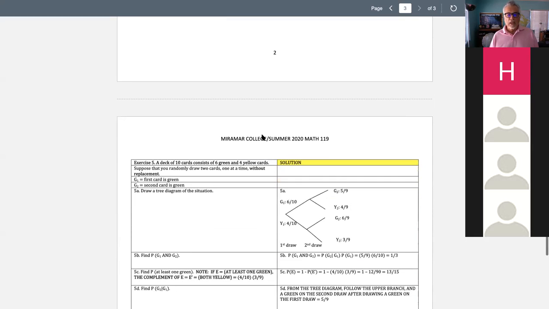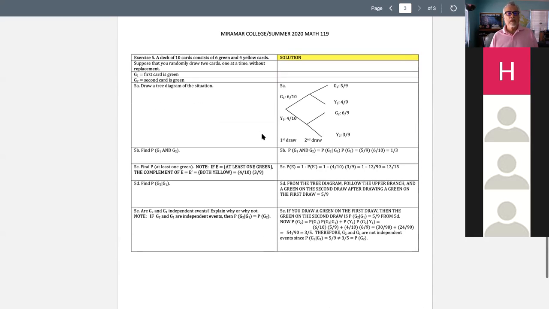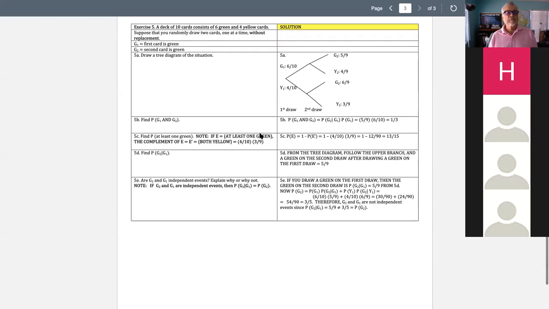Okay, let's move down to the last problem now. Here we have another special deck of cards. The deck is a 10-card deck consisting of 6 green cards and 4 yellow cards. You're going to draw 2 cards at random without replacement.